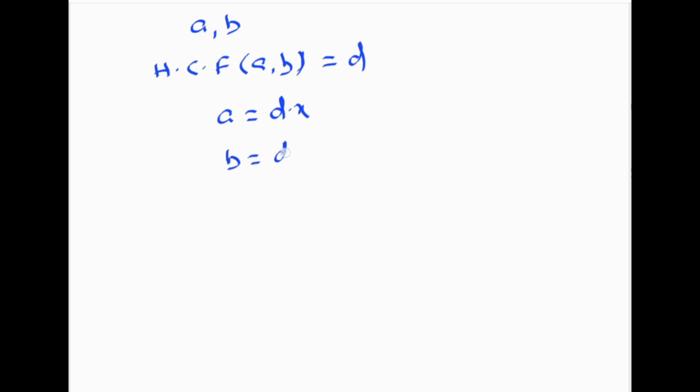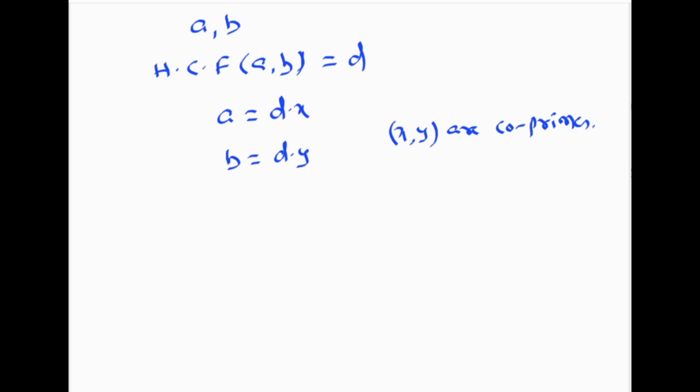If I take A and B as any two numbers, and the highest common factor of A and B is D, therefore A will be D into X, and similarly number B will be D into Y. The condition is that X and Y are co-primes.